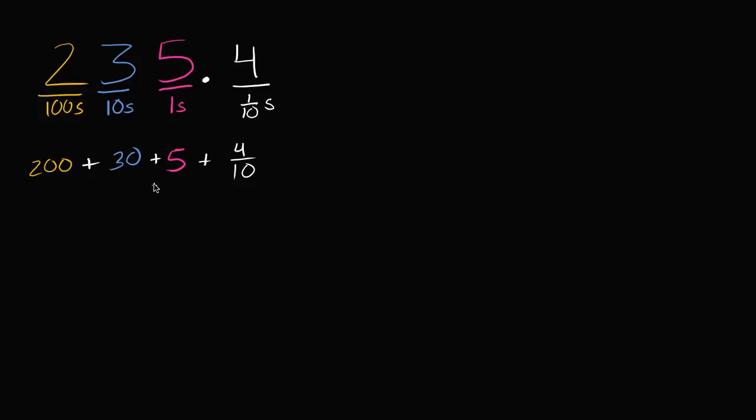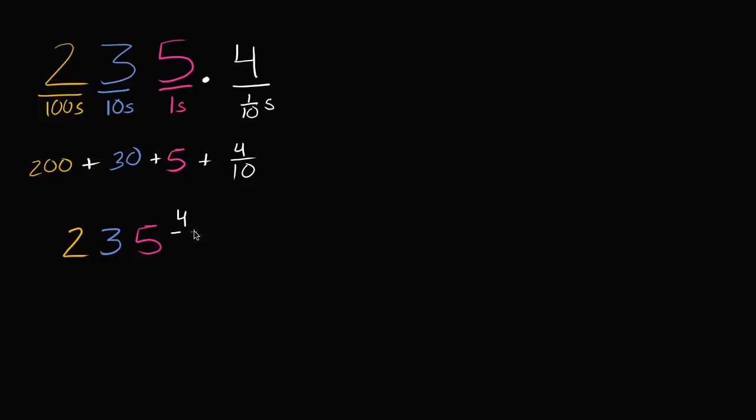So this is a super important idea in mathematics. I can now use our place values to represent fractions. So this 0.4 is 4 tenths. Another way to write this number, I could write it as 235 and 4 tenths.